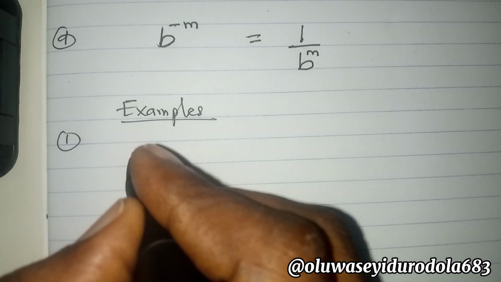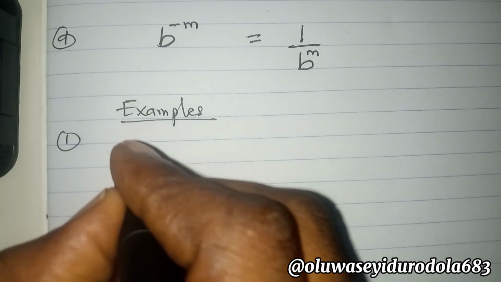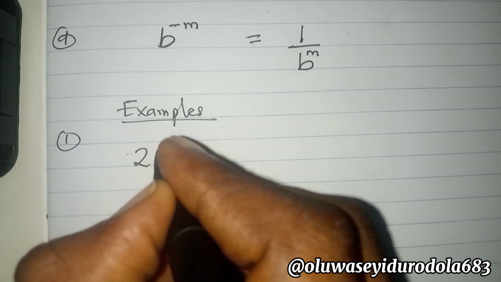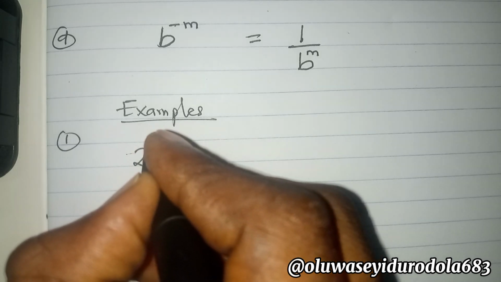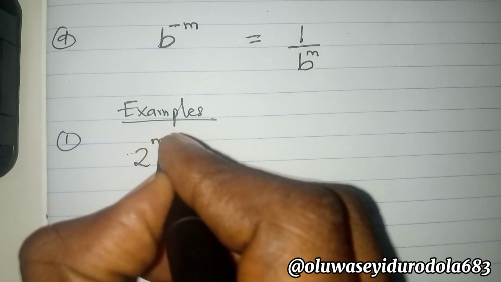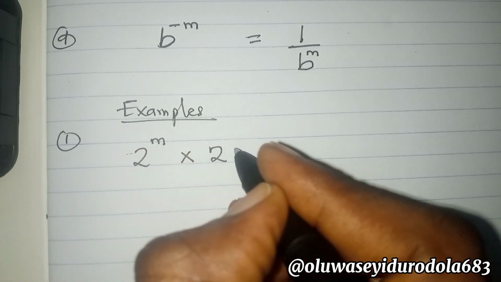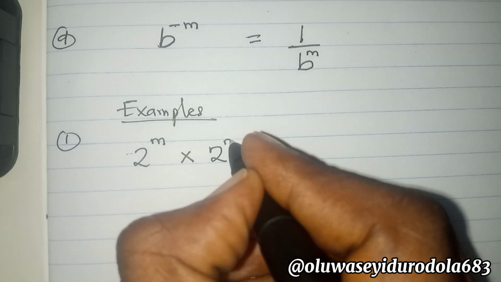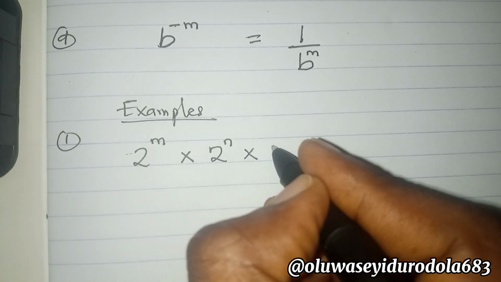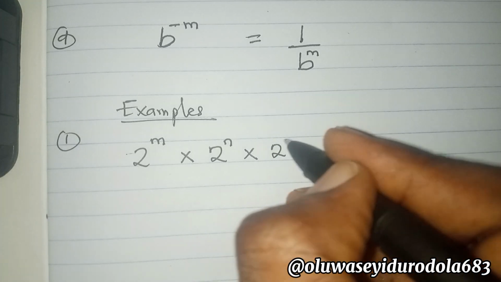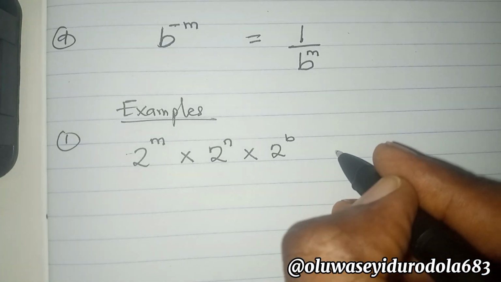We have 2 raised to power m times 2 raised to power n times 2 raised to power b.